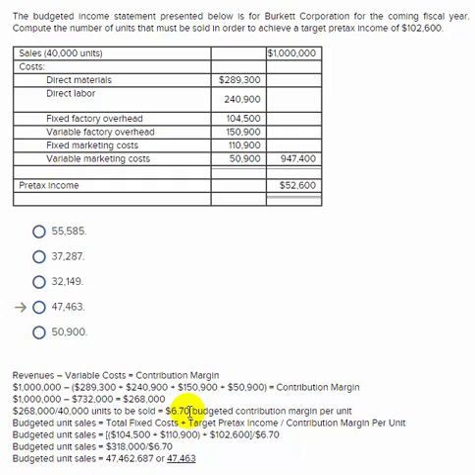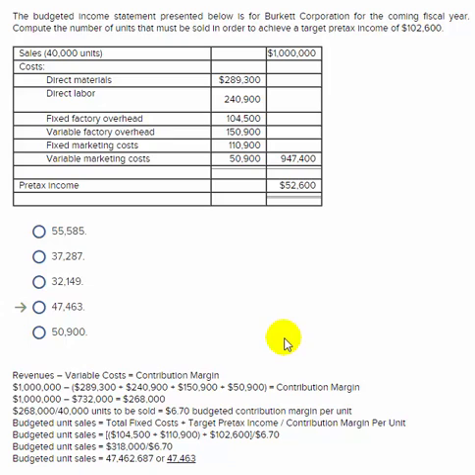Next thing we've got to do is fill in the other pieces. Total fixed cost would be, from up here, fixed factory overhead of 104,500 and fixed marketing expenses of 110,900. And we've also got our target pre-tax income of 102,600.